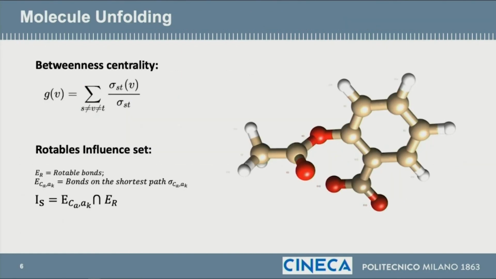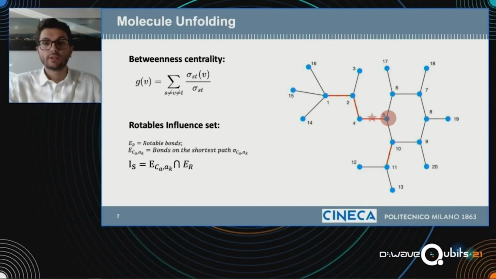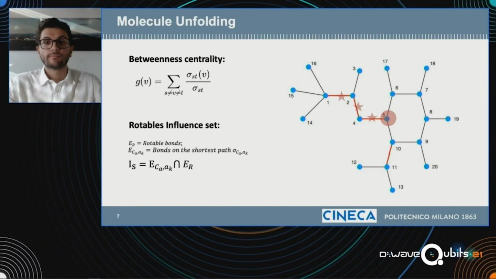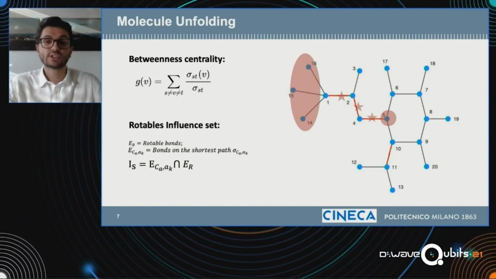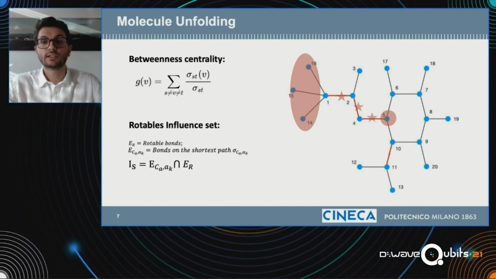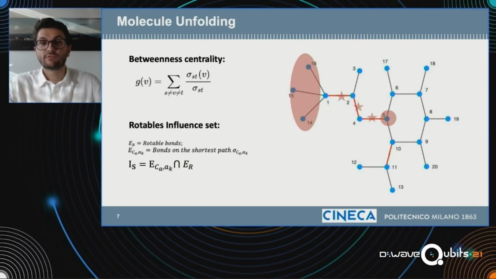Okay, let's now literally divide our molecule into fragments. First, we have to iteratively pick out the rotatable bonds that are the dimensions of the shape space. And then we have to define the betweenness centrality in our molecule. This attribute allows us to define an ordering by centrality of the atoms inside the molecule's graph.